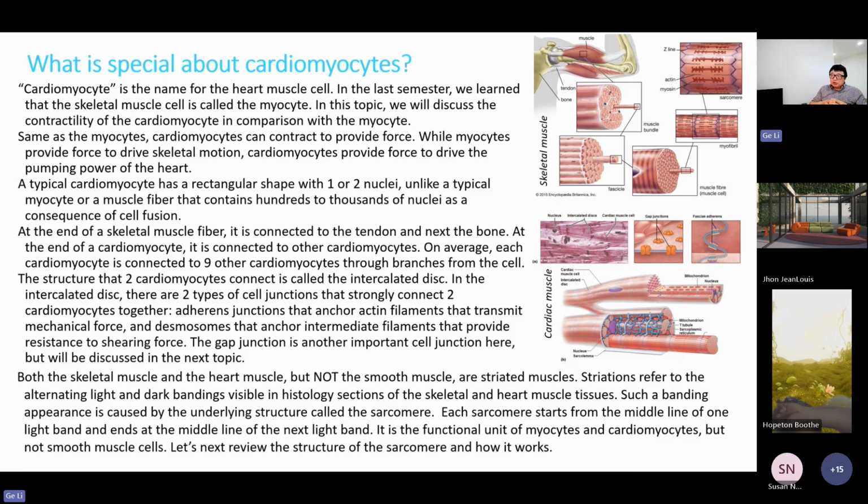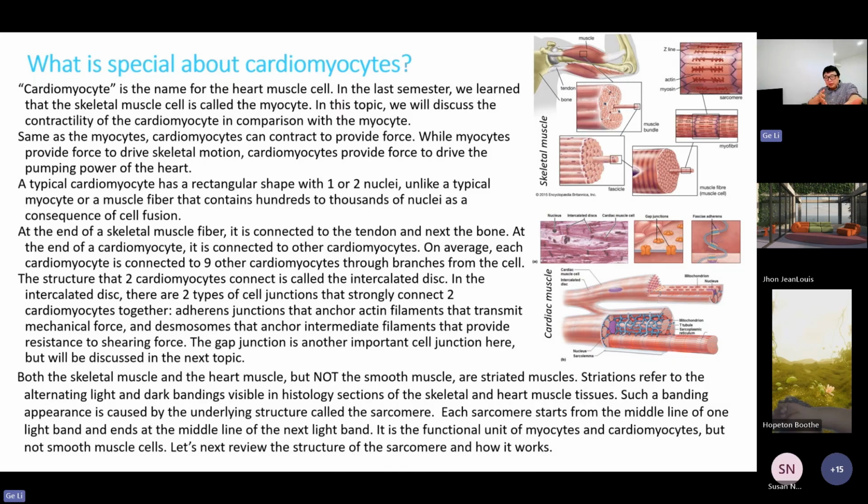The common feature between the skeletal muscle and the cardiac muscle is a structure called the sarcomere. What is a sarcomere? We'll talk about it in the next slides, but a sarcomere is like soldiers standing in a very aligned line.